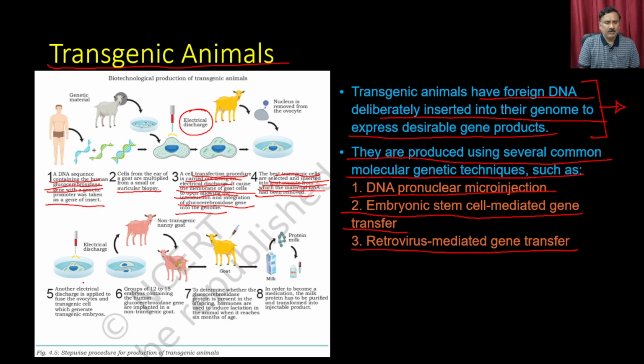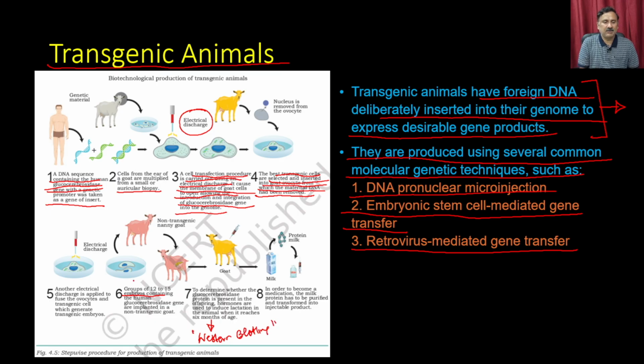Then you have another electroporation procedure, and embryos are generated where the human gene is present. To determine whether the gene is present, the protein can be analyzed with Western blotting, and you can use many blotting techniques.